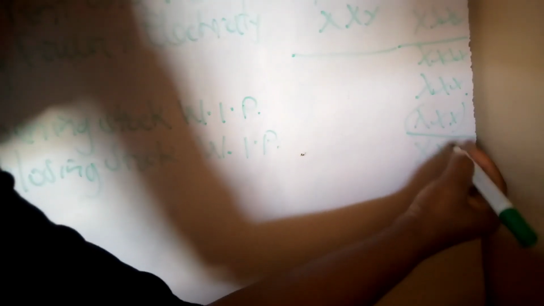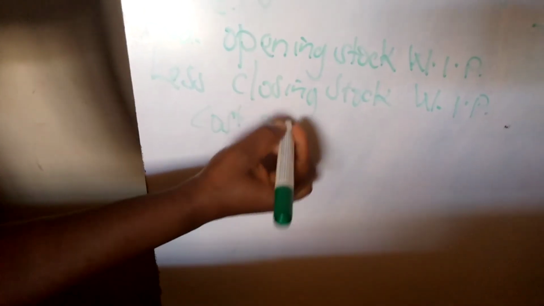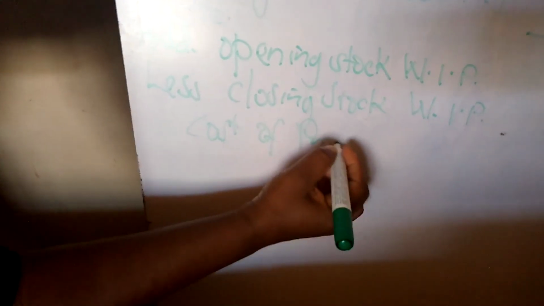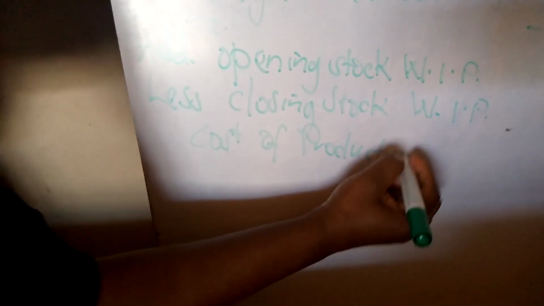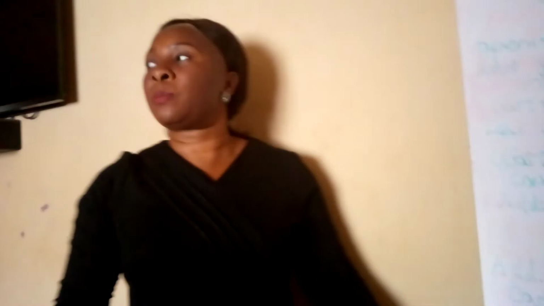Whatever you find here is now the resultant cost of production or cost of goods manufactured. You can either call it cost of production or cost of goods manufactured.